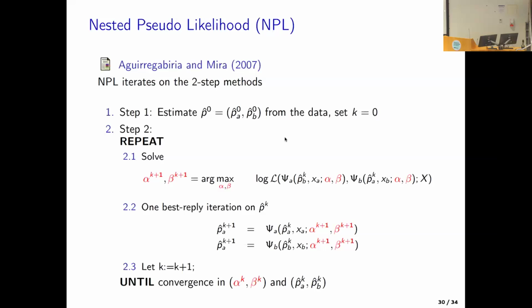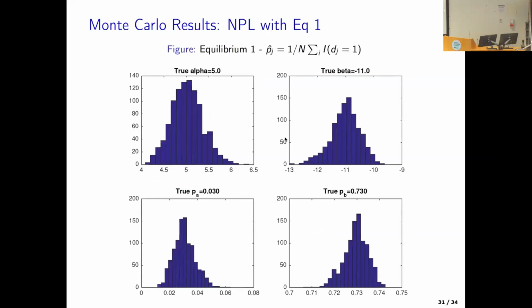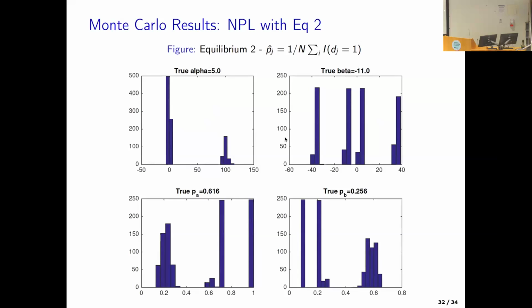Single agent problems work beautifully there. Sometimes it could be a little bit unstable, as you'll see here even in this simple case. Okay, so here are the results for equilibrium number 1 for NPL. Here they are for equilibrium number 2. Let's not worry about that. That's unstable. How can you ever find an unstable equilibrium by doing successive approximations on the best response mapping or this NPL mapping where you have this inner optimization over the structural parameters?